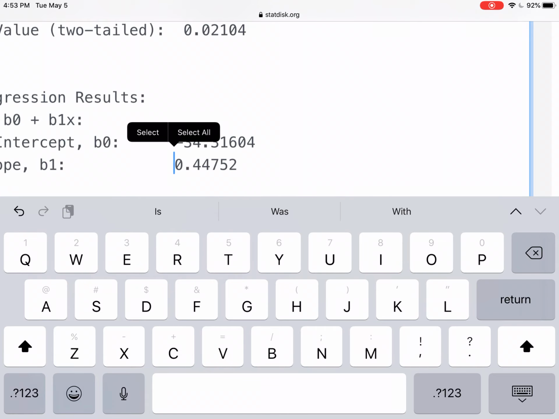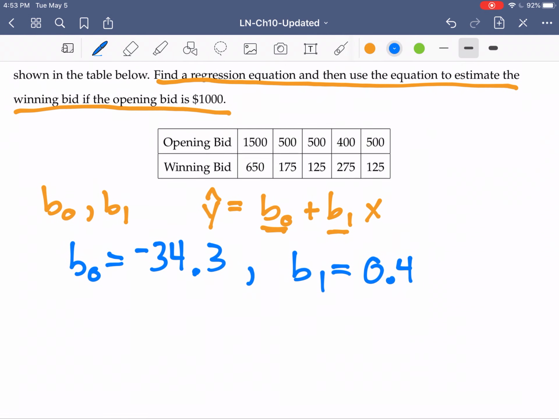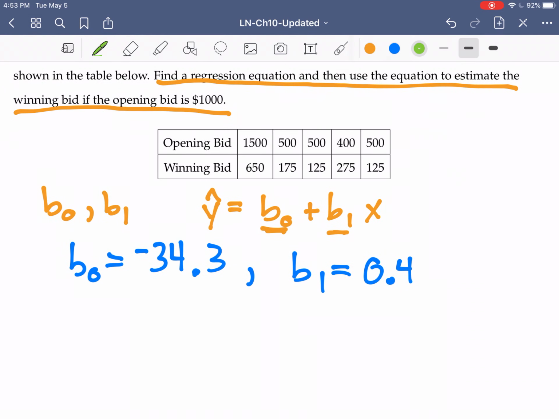So 0.4 is our value for b1. And so our regression equation, the equation of the line, is negative 34.3 plus 0.4 times x.